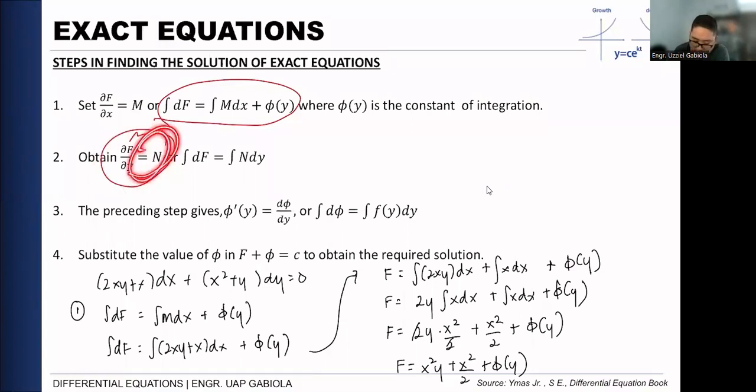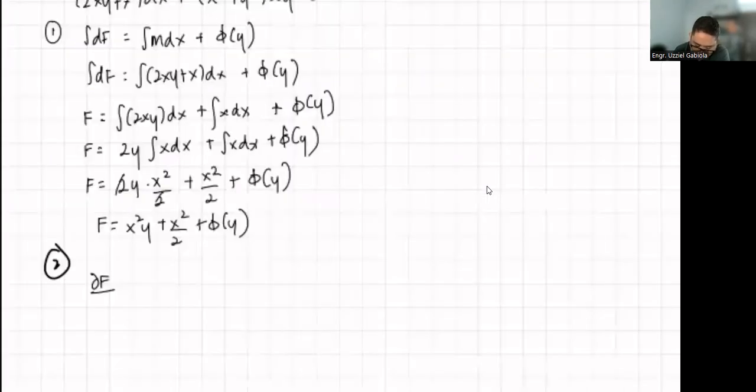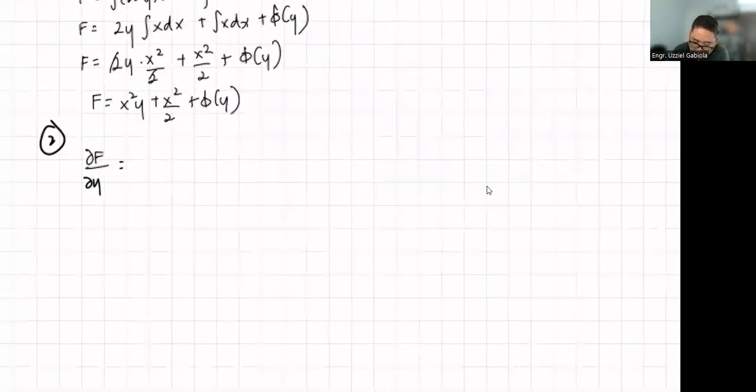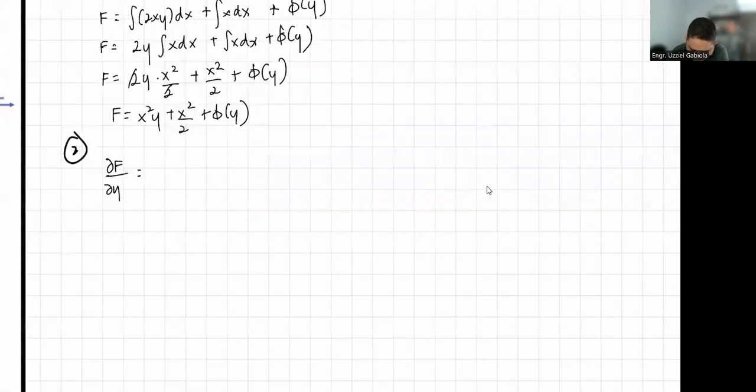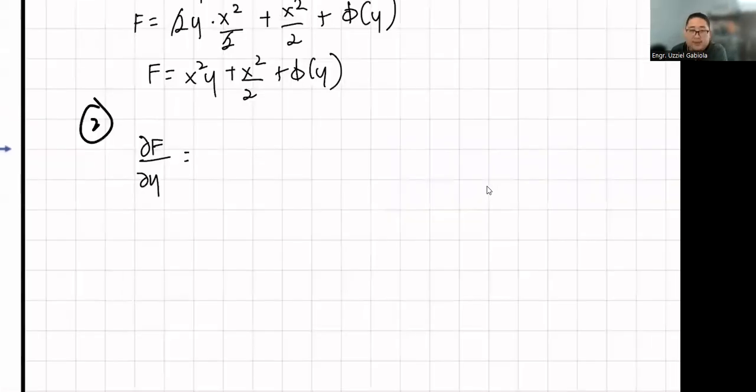So dito, meron tayong f, okay? Then kukunin natin yung partial derivative ni f with respect to y. Okay? So ano mangyayari? Pag ginawa natin yung partial derivative niya, ano mangyayari dito sa mga functions natin?